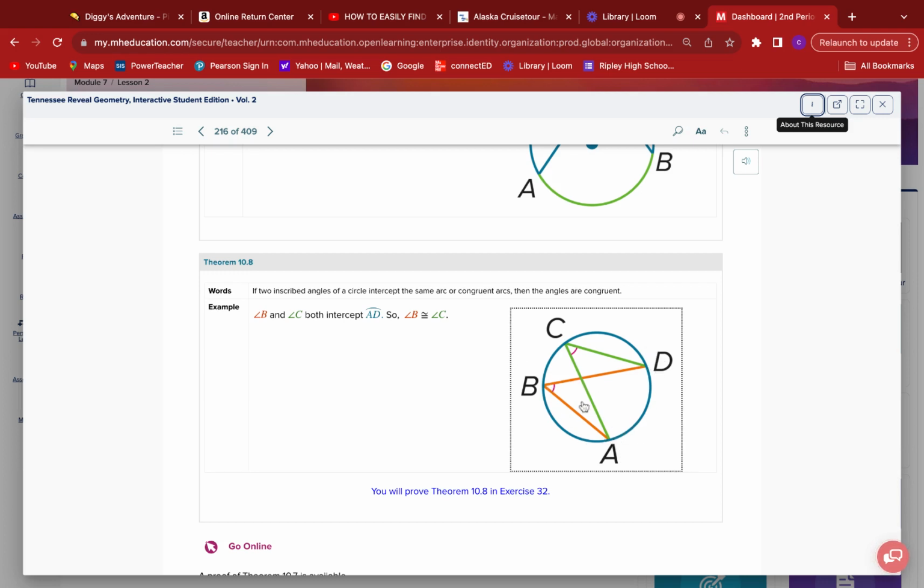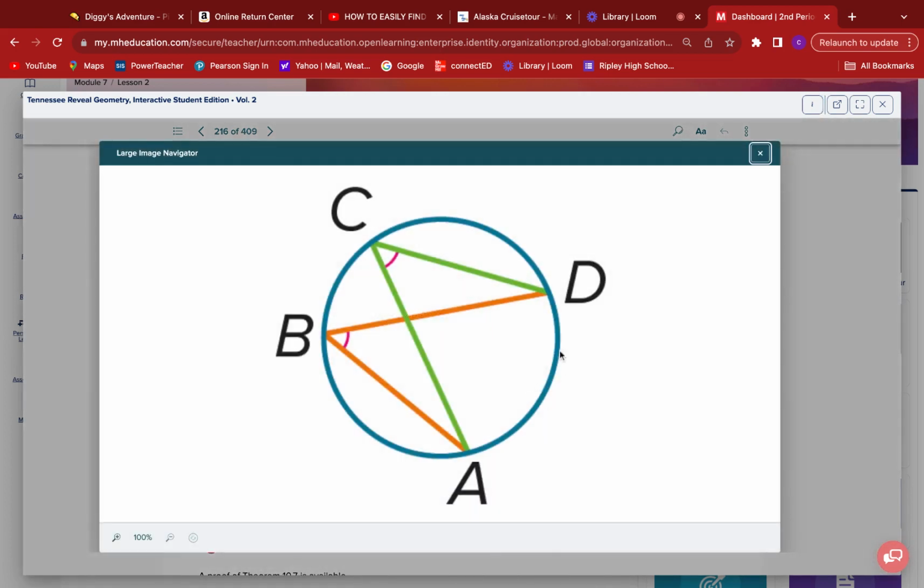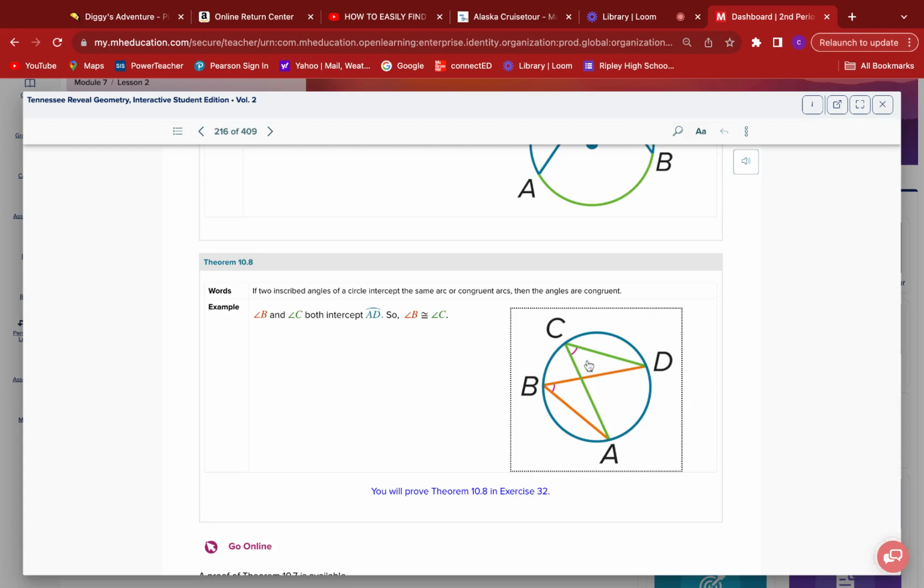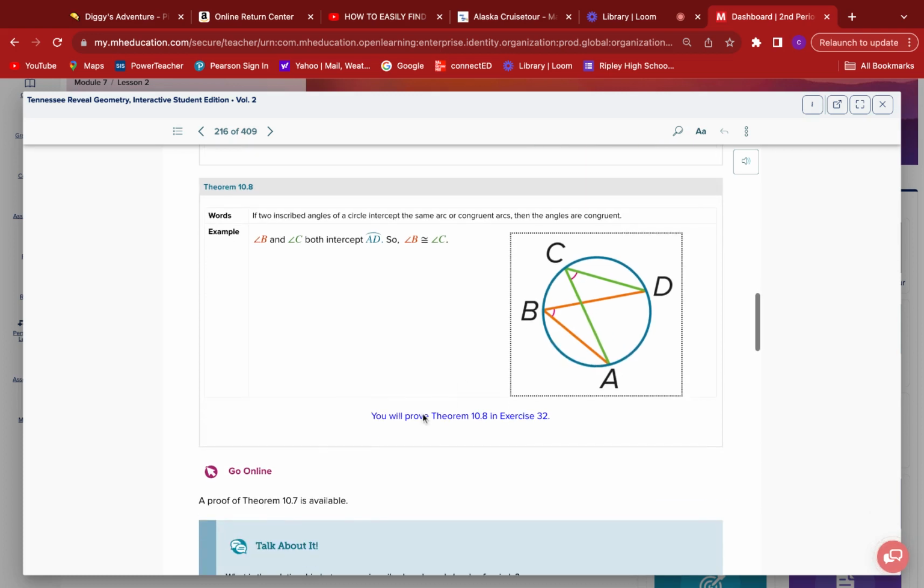Same thing with this orange angle B, angle DBA. I said D, then B, then A, which means B is the vertex. That also is DA, so the intercepted arc is also DA. They have the same intercepted arc. The rule is that these two angles are equal to each other. The inscribed angle C and the inscribed angle B are going to be the same.